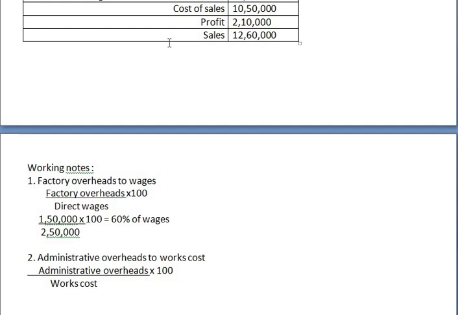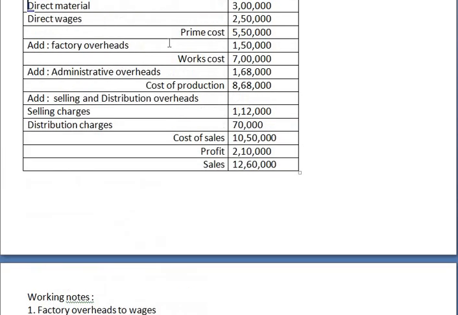Now for the year 2018, administrative overheads is 1,68,000. Works cost is 7 lakh.